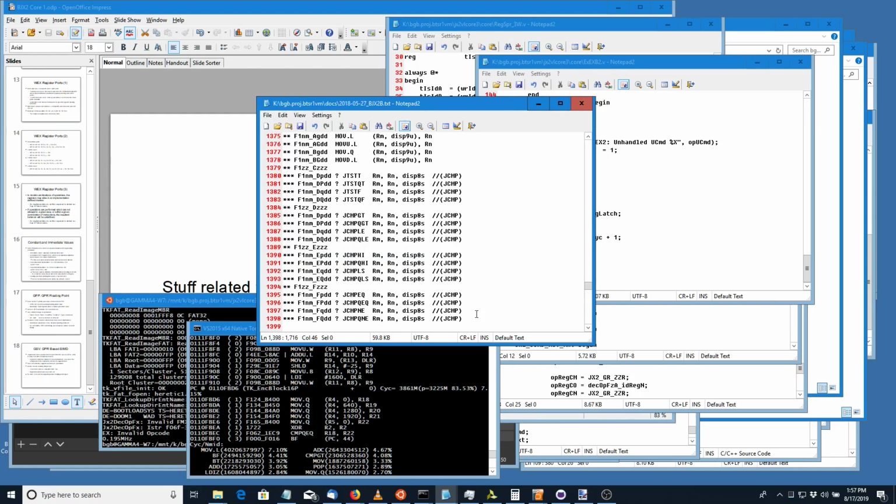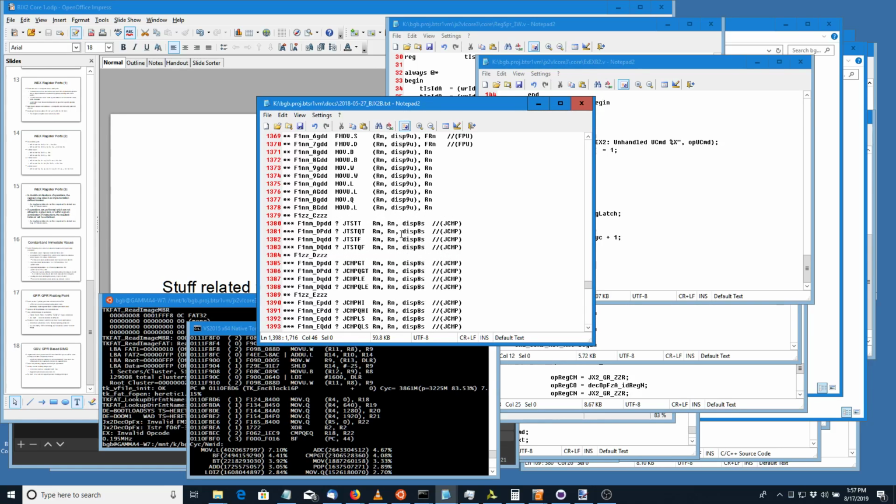So as is, it takes 2 cycles to perform a compare and another cycle to do a jump, so you wouldn't gain much by having a combined instruction.